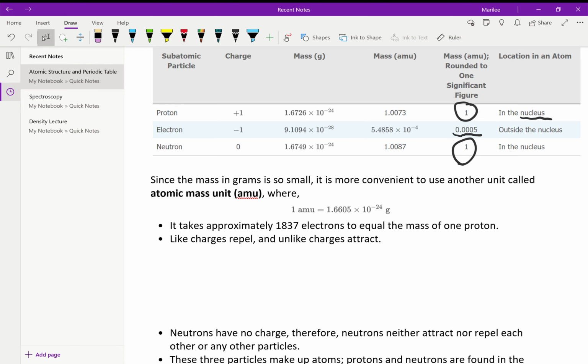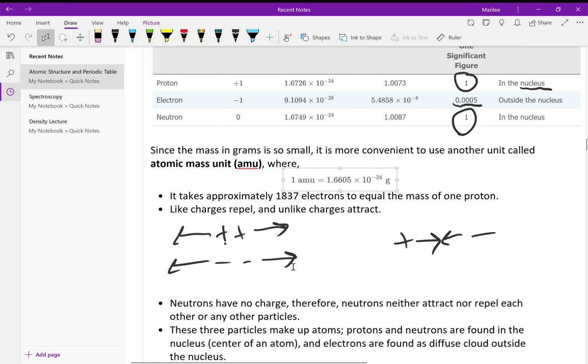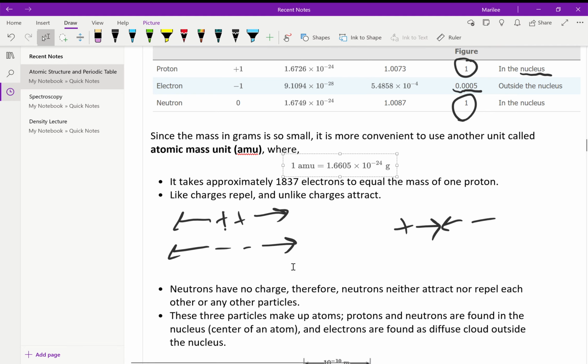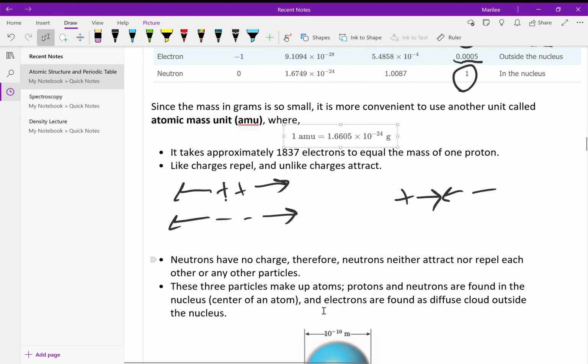So if you have a positive and a positive, they will repel. Negative, negative, they will repel. But if you have a positive and a negative, they will attract to one another. So we know that neutrons have no charge, therefore neutrons neither attract nor repel each other or any other particles.